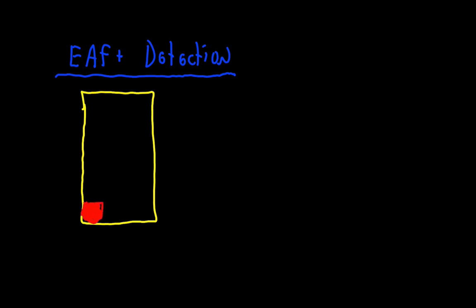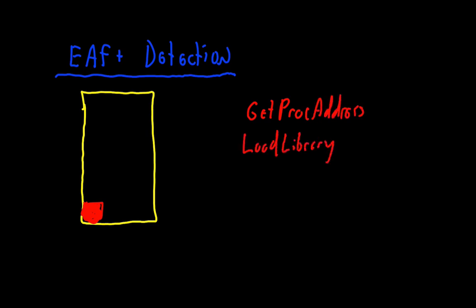Now, one of the first things our shellcode or memory-injected DLL has to do is find the address of GetProcAddress and LoadLibrary, because without this information, they cannot find the other parts of the Windows APIs to call them. No functions, no functionality.